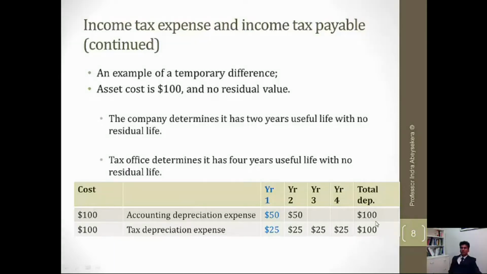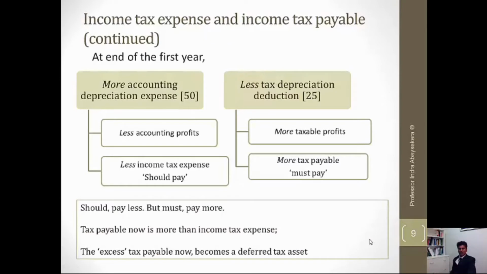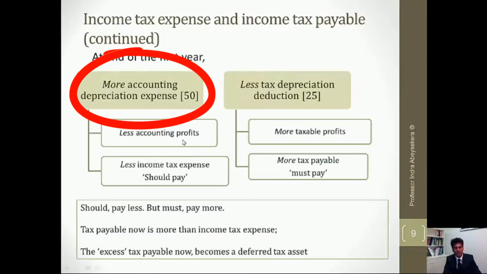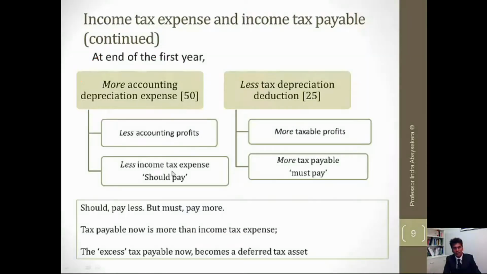But the total depreciation is 100 in both instances. So in accounting, there are more expenses compared to tax. More expenses means less profit, less income tax expense. We should pay less tax.